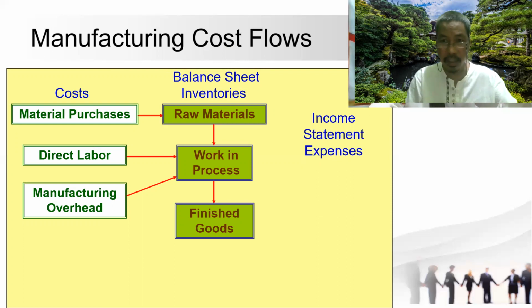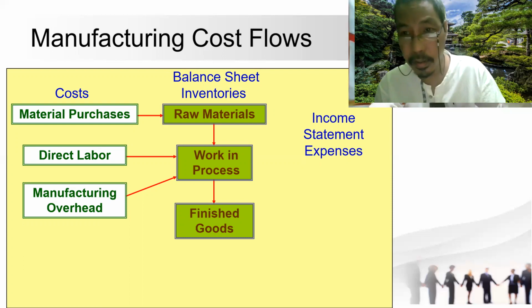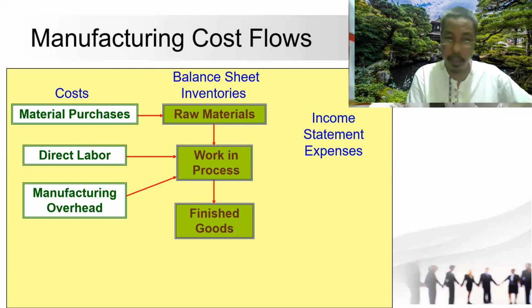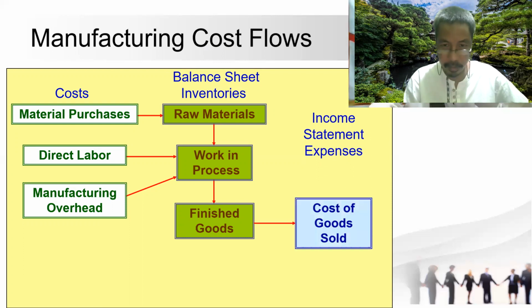Collect all the receipts and add all the receipts, the record. Just like what we are doing in financial accounting. Then work in process, then finished goods. Then afterwards, we have cost of goods sold, which is under income statement expenses.